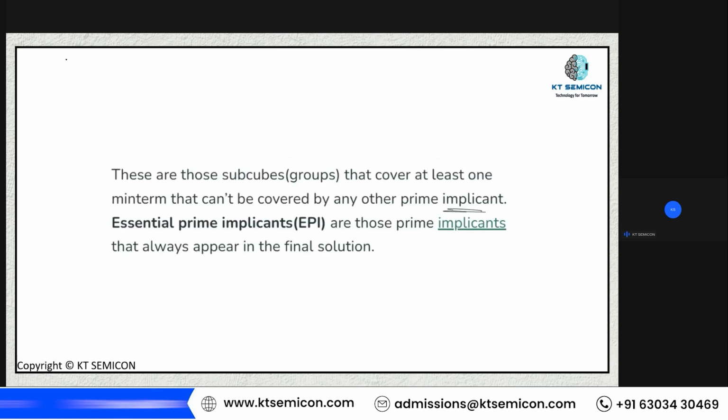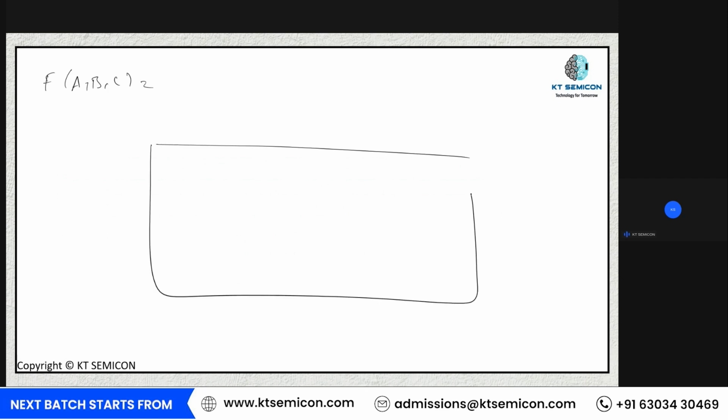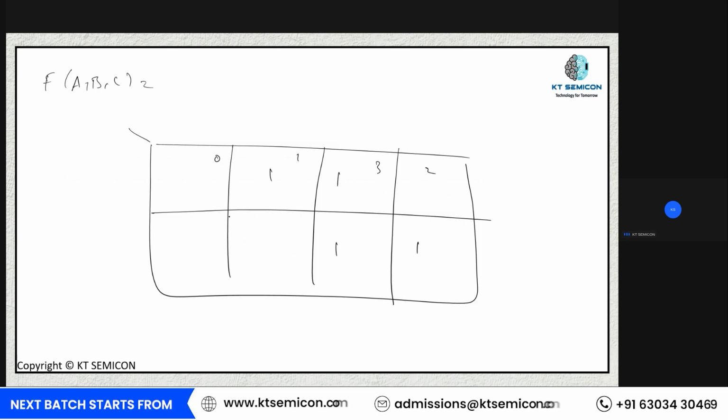Let us say I'm going to have f(a, b, c). Let's say this is my K-map which I'm going to draw, and in this K-map, let's say the minterms are arranged like this: 1, 1, 1, and 1. Okay, let's say these are my minterms. So this is 0, 1, 3, 2, 4, 5, 7, and 6.